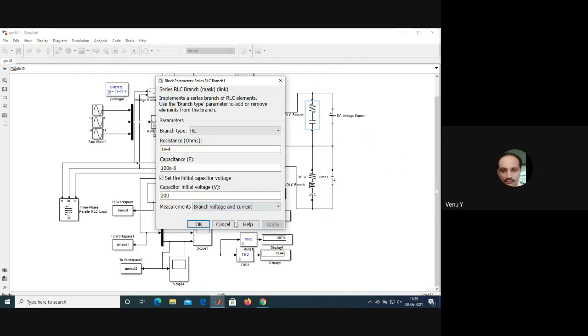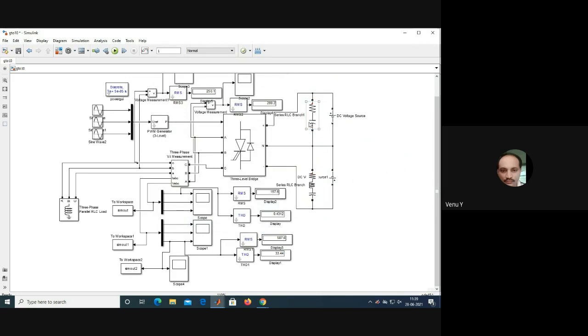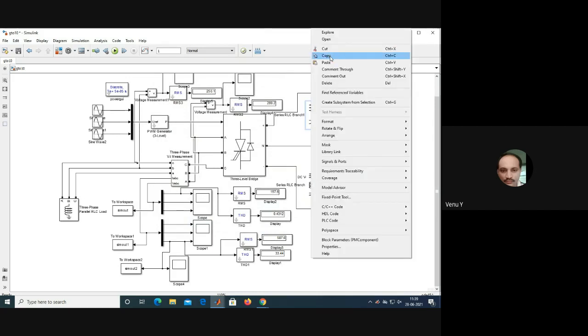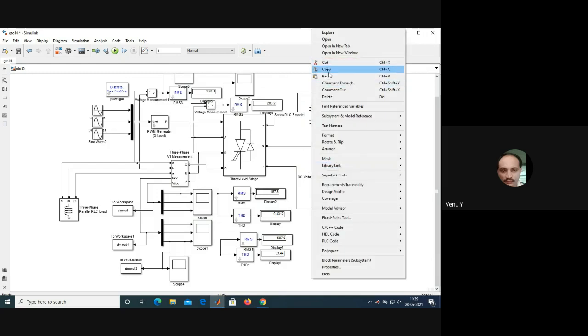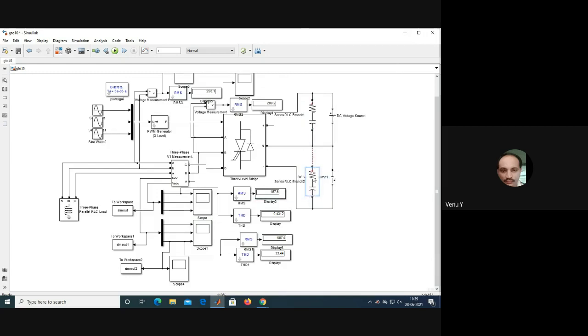Branch voltage and current, apply. Now I'll remove this one. Now run this.